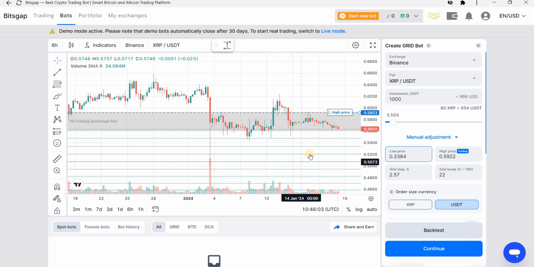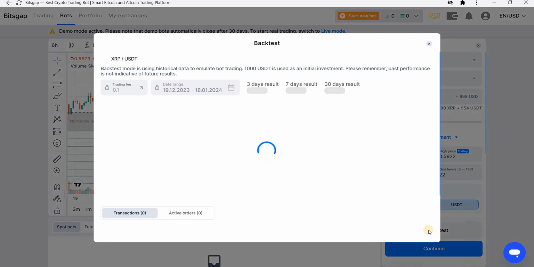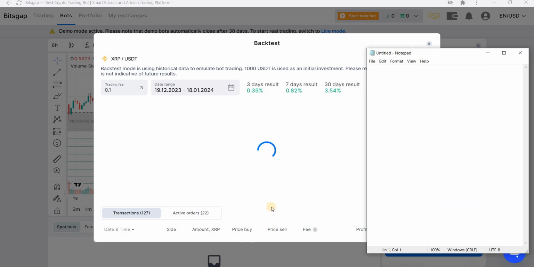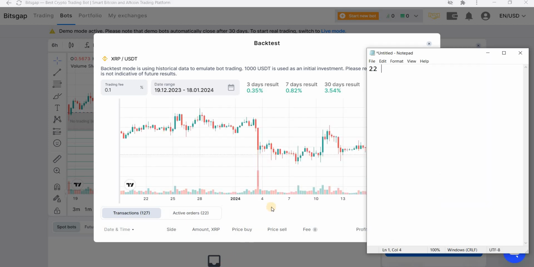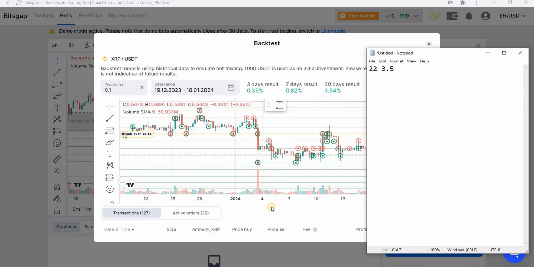So the good thing about Bitsgap is they've got a backtesting system, so we can experiment and see what grid numbers give us the best result. So we start off at 22, backtest that, and the 30-day result is 3.54. So make a quick note of that. So 22 grid lines gives us 3.54.